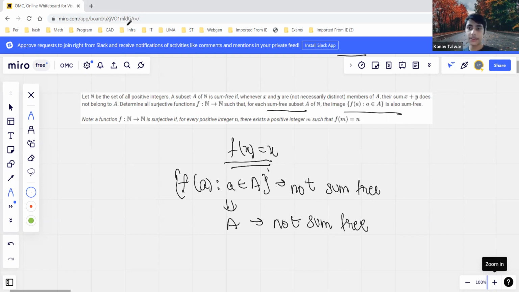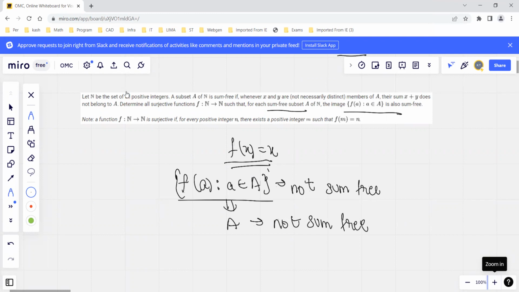Just because if the original set were sum free, then by our problem statement its image must also be sum free, but you assumed its image is not sum free. As the function is surjective, we can actually create this set to be good enough. So yeah, we can. What was your idea?